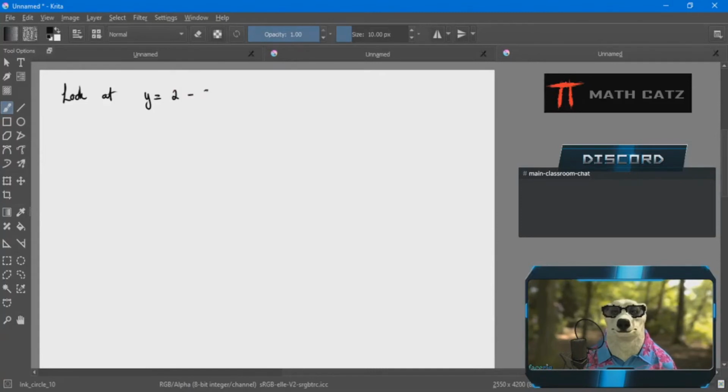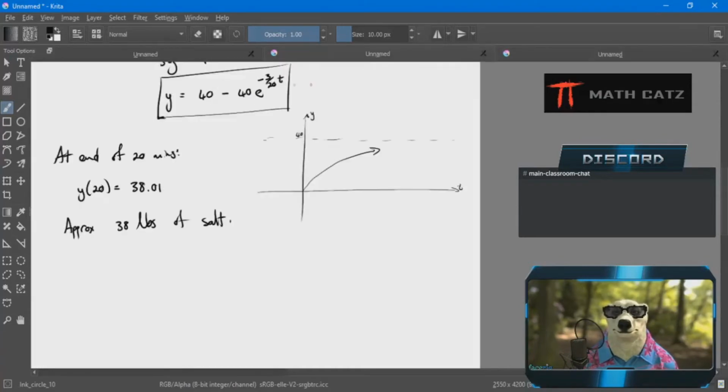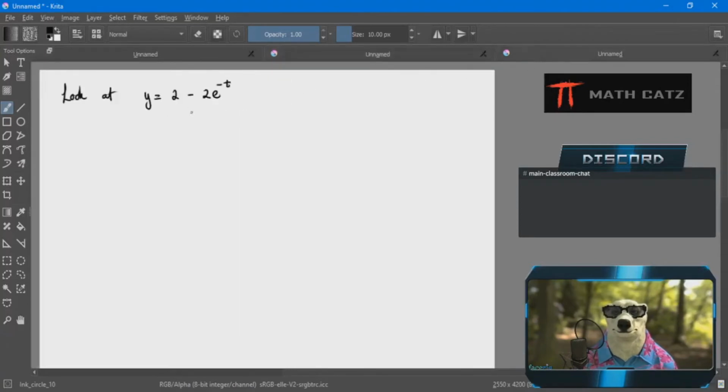That still captures the same transformations without it being unpleasant fractions and all kinds of things. I don't really care about the scaling in front of the exponential function. I'm just worried about the key transformations. Because this we've done very early on, so we know how to handle this.